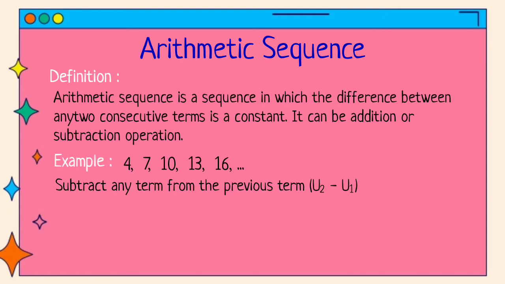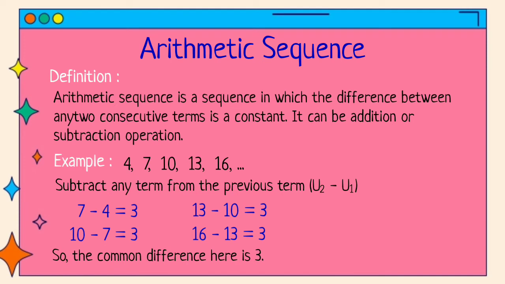From the example, 7 minus 4 equals 3, 10 minus 7 equals 3, 13 minus 10 equals 3, 16 minus 13 equals 3. So, the common difference here is 3. In order for us to find the next terms, we just simply add the common difference to the last term.